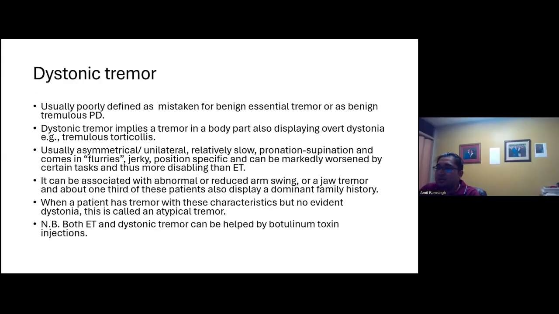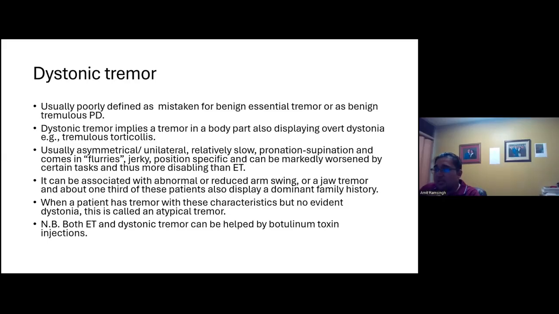We look at dystonic tremors. It's usually poorly defined and mistaken for a benign essential tremor or benign tremulous Parkinson's disease. Dystonic tremor implies a tremor in a body part also displaying overt dystonia. It's usually asymmetrical, relatively slow, pronating, supinating type, and it comes in flurries.